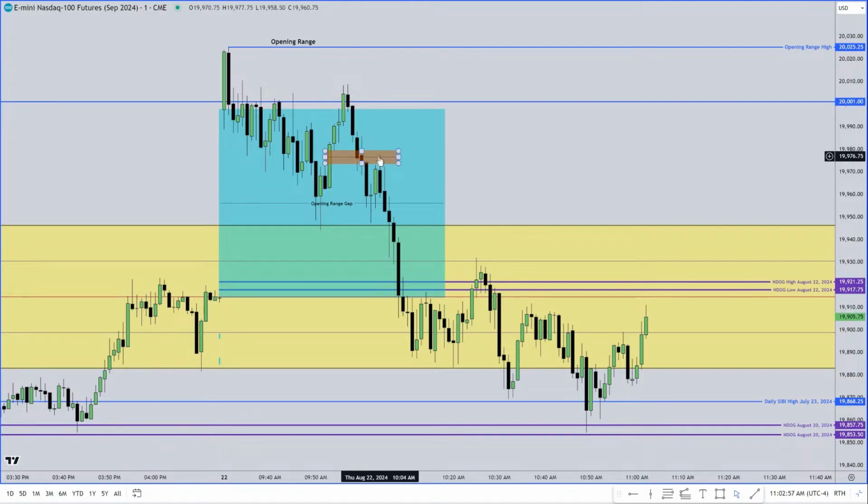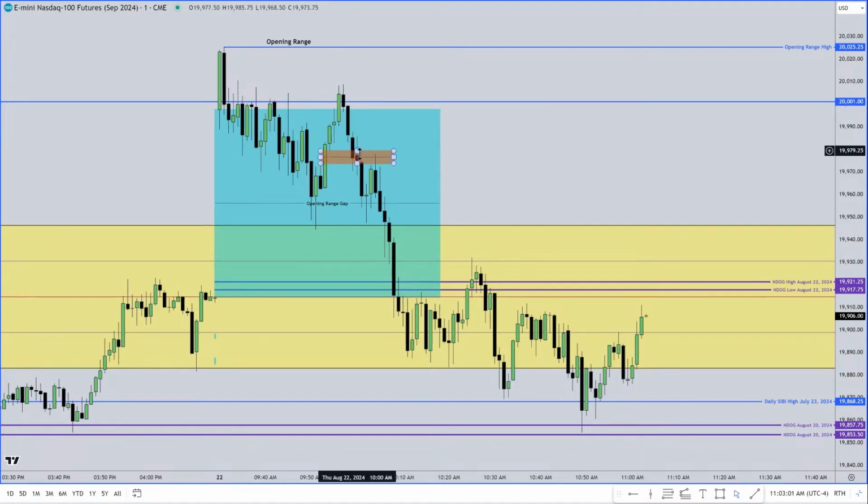So he would take that trade based on that logic. His stop would have to be above the consequent encroachment of this wick. Now, why that? Why not the high of that? Because we already had this low. We drop down, immediate rebalance, then it drops. So for someone that is a little bit more scared, or you don't trust that type of stop loss placement, you could use the high.